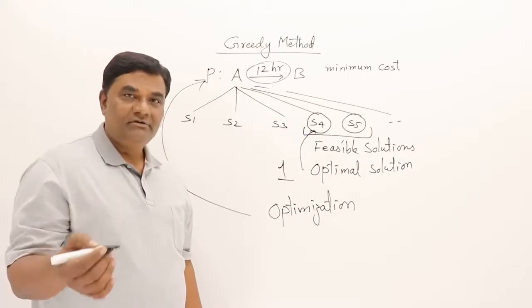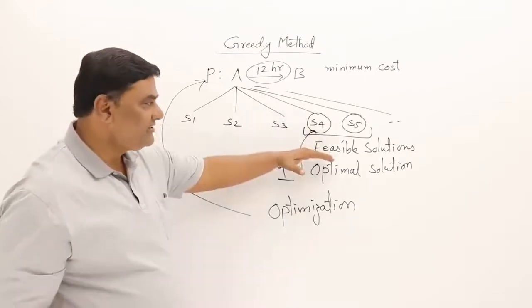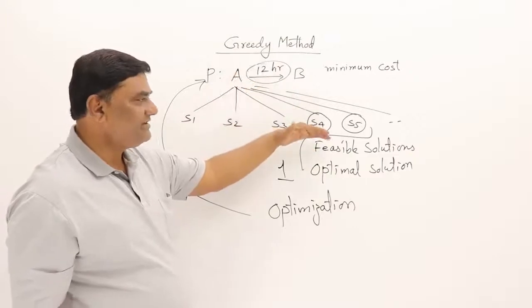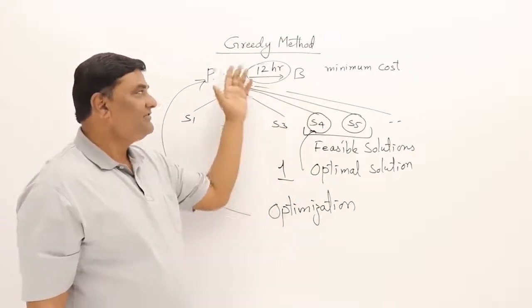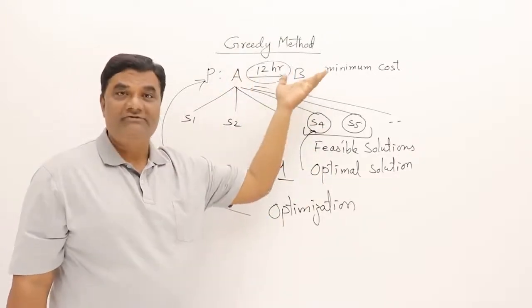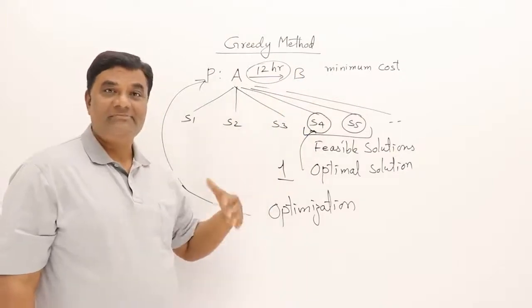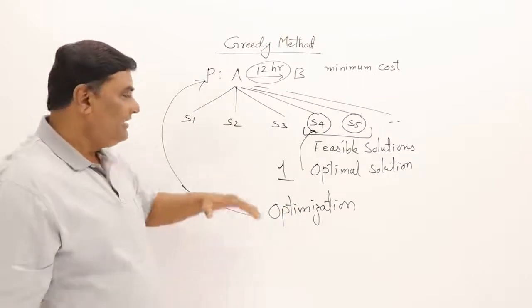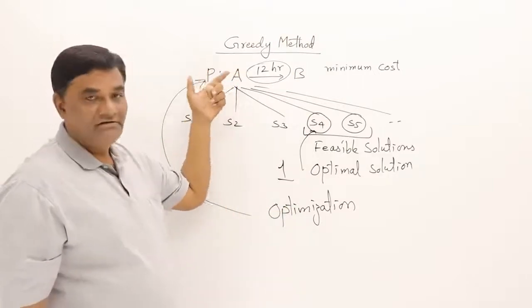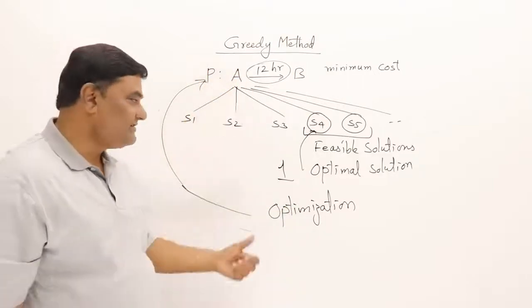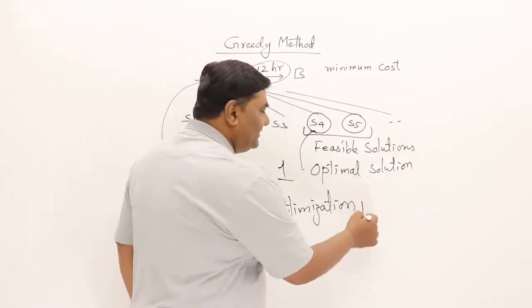So let us briefly look at the terms once again. Feasible solution means a solution which is satisfying some constraint. Optimal solution means which is achieving the objective of a problem, that is either the minimum result or the maximum result. A problem which requires a minimum or maximum result is an optimization problem.